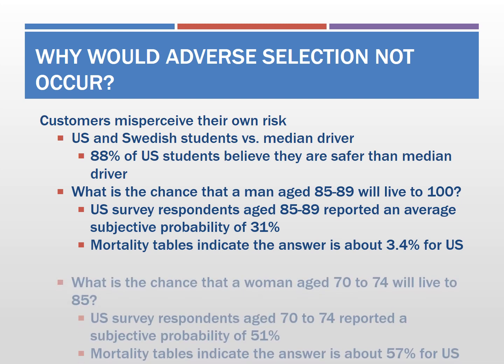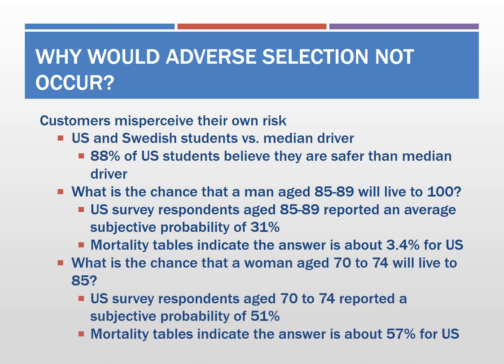So in this case, obviously, both the males and females have inaccurate estimations of their own life expectancy. The males are over-optimistic about reaching the age of 100, compared to the females, who in this survey are too pessimistic about reaching 75 or 85.